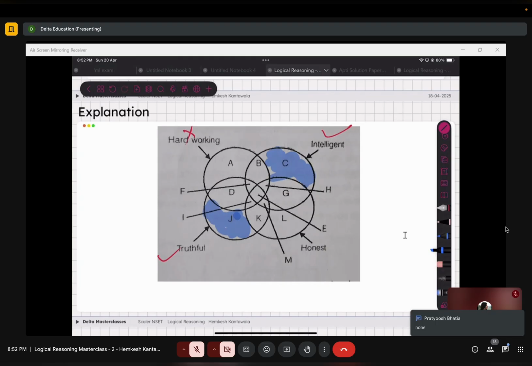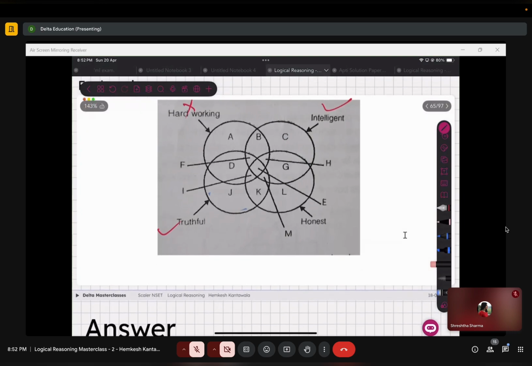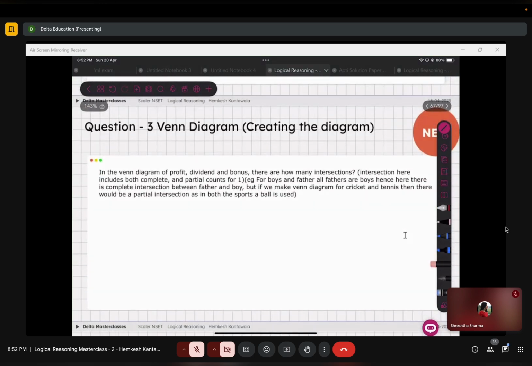And are truthful and intelligent. No, zero. There is no intersection between them. So the answer is zero. Correct? Okay, great. Let's move ahead.